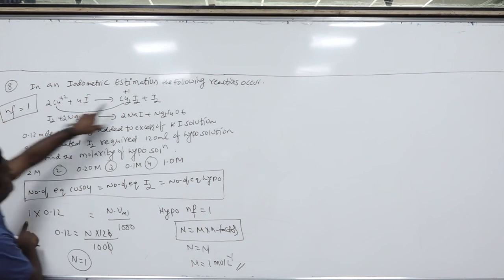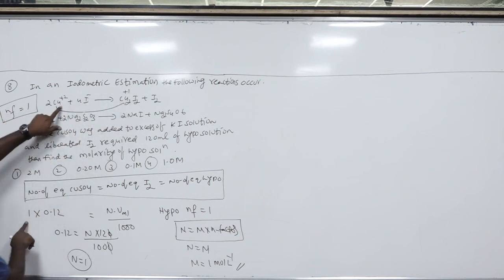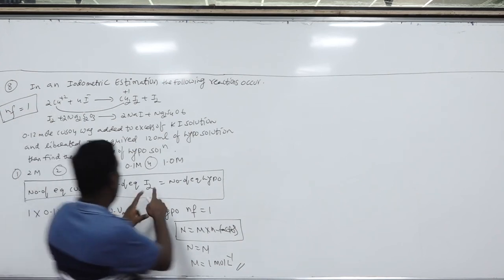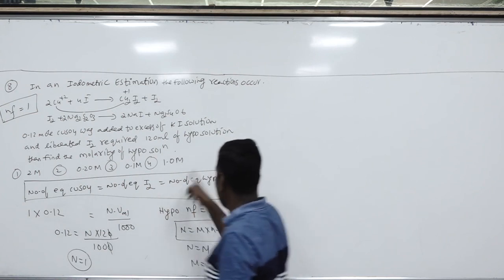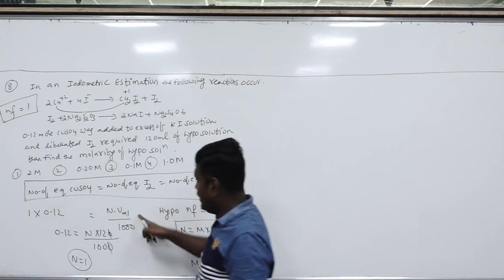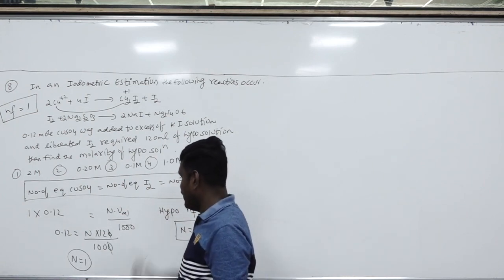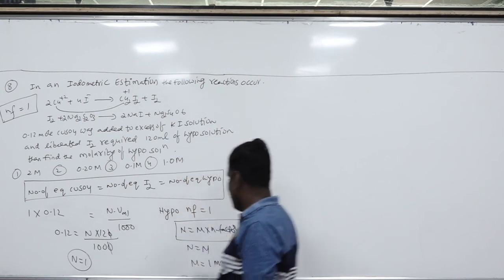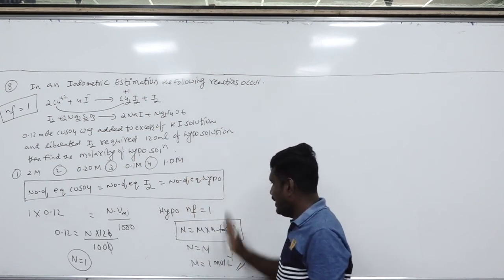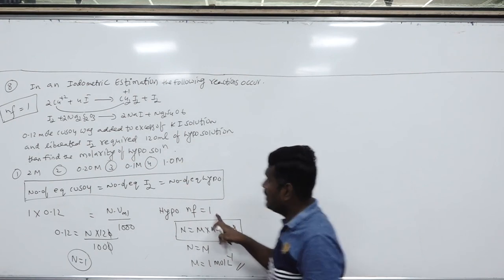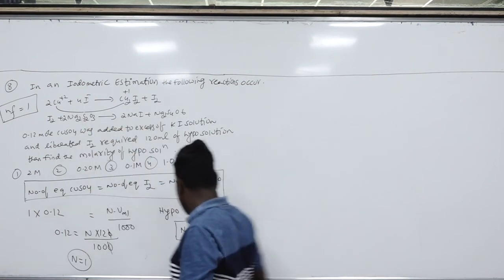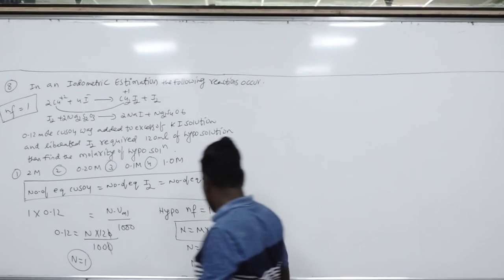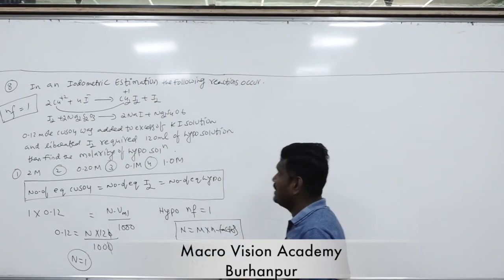The change in oxidation number is 1, and only one atom is there, so 1 into 1 is 1. Now the number of equivalents of I2 is an intermediate, and finally the number of equivalents of hypo is normality into volume in ml by 1000. So normality we got is 1. For the relation between molarity and normality, in the case of hypo the n factor is equal to 1 in this reaction, so normality and molarity are both equal. So the answer will be 1.